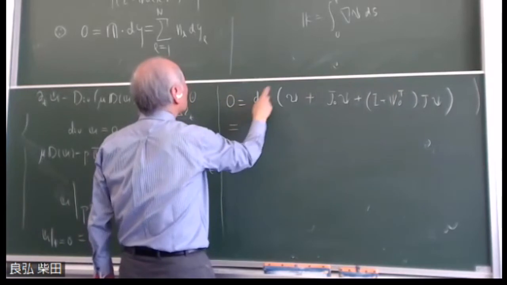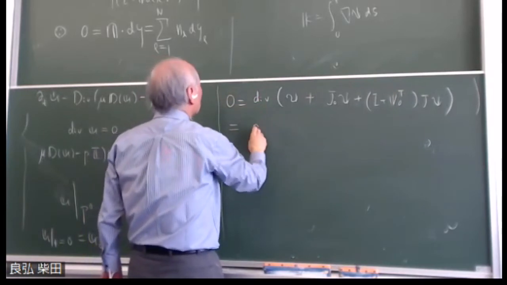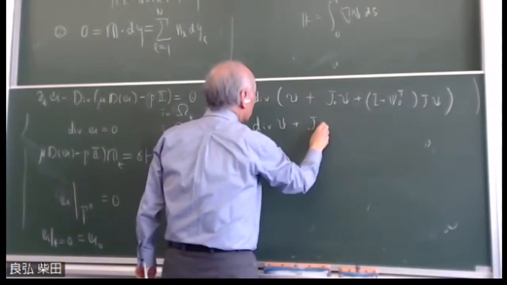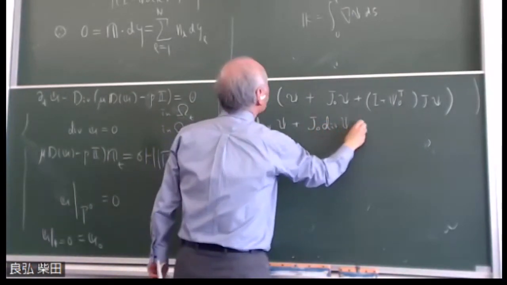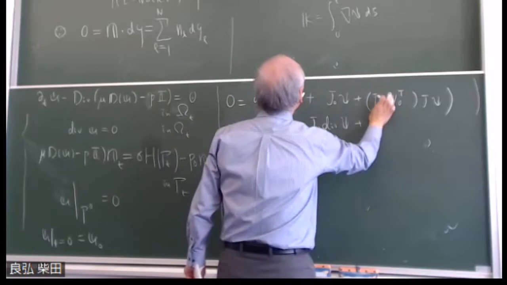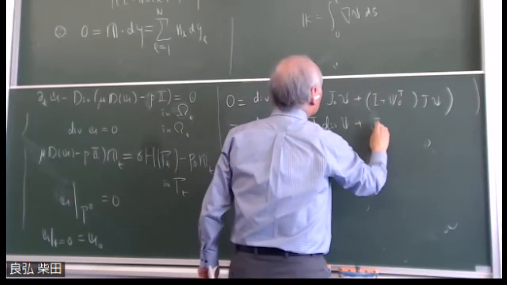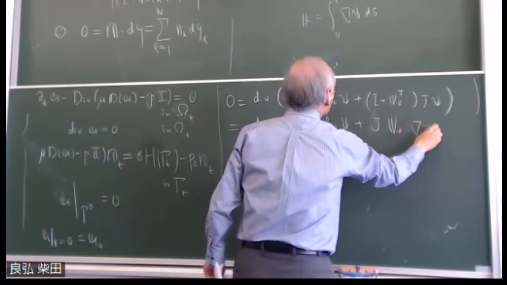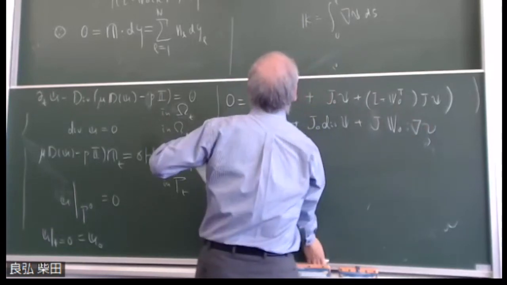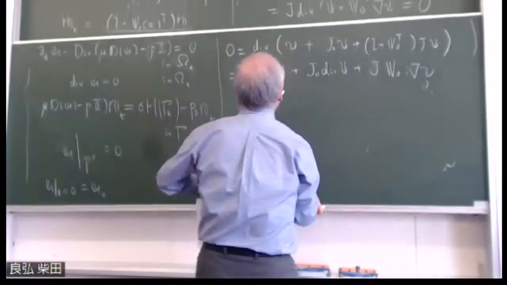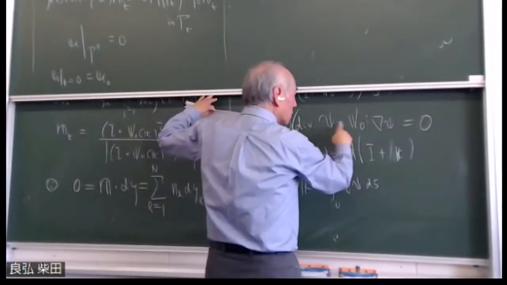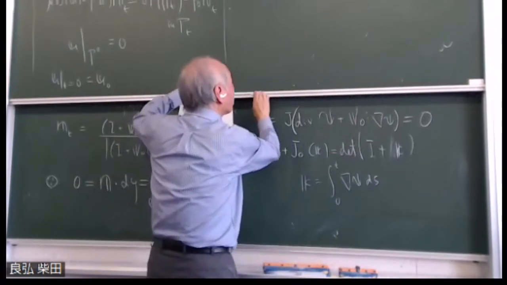Sorry, 0 is equal to J div v plus J0 div v, plus so J0. Sorry, this J multiplies, not only this one, but also this one.